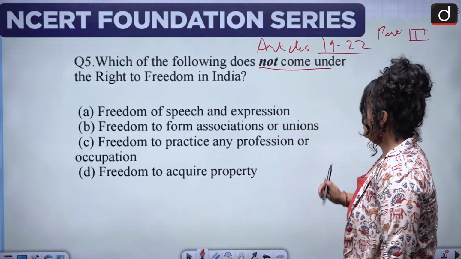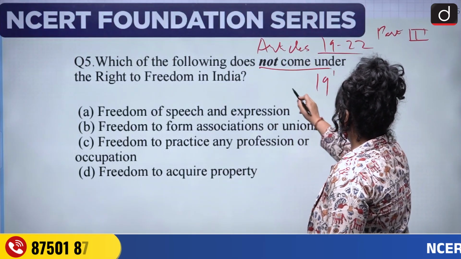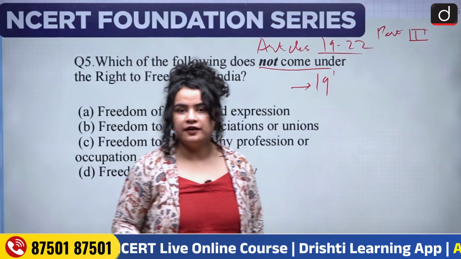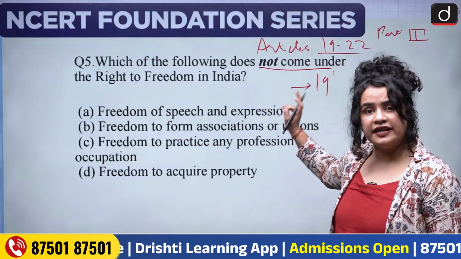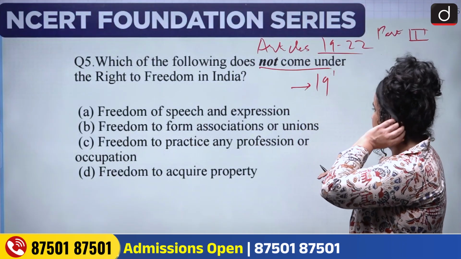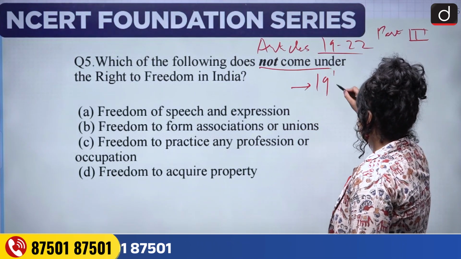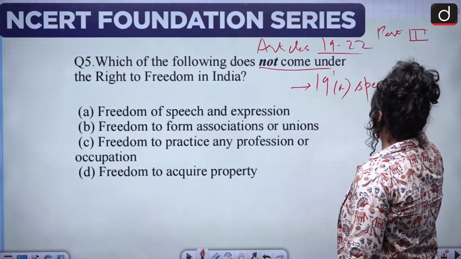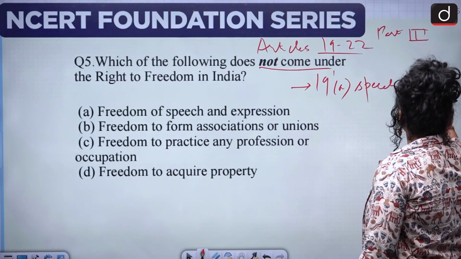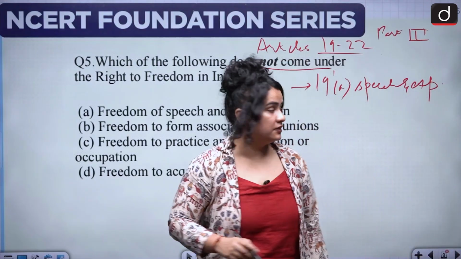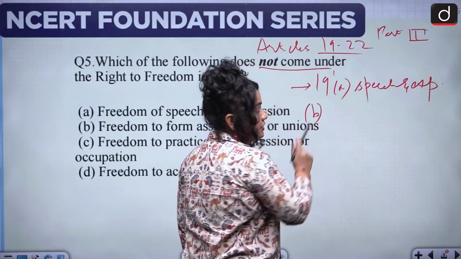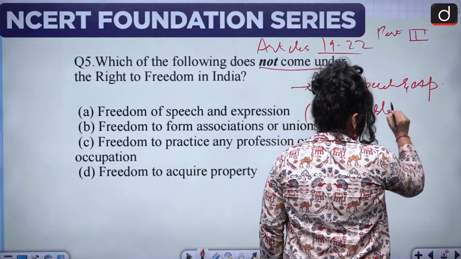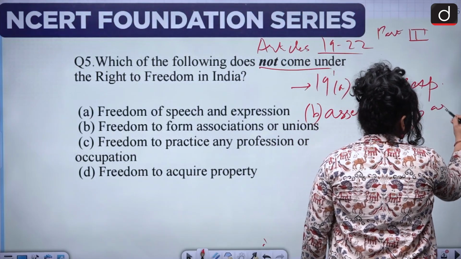In the very beginning, Article 19 talks about six freedoms, which are provided to the citizens. What are those freedoms? They are the right to freedom of speech and expression. The next is the right to assemble peaceably and without arms.